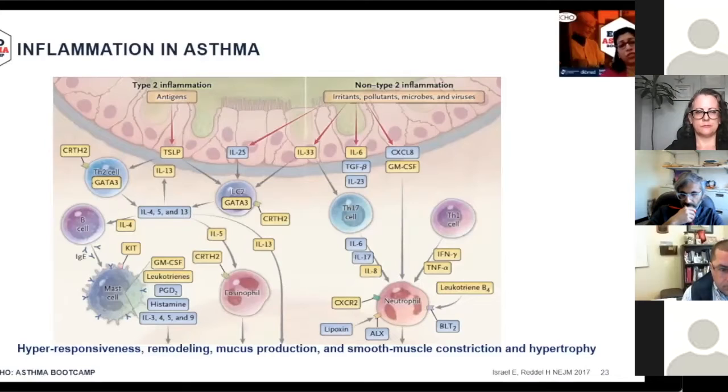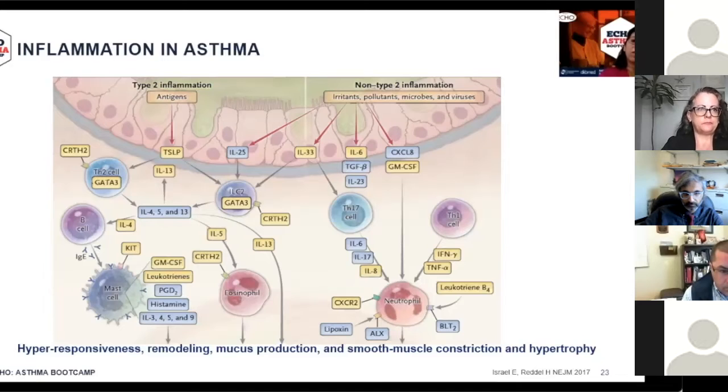The Th2 cell produces interleukins 4, 5, and 13. IL-4 triggers then the B cells to produce immunoglobulin E and ultimately triggers the mast cell for production of other substances downstream, such as histamine, leukotrienes, prostaglandins, and other interleukins. IL-5 is extremely important for eosinophil stimulation and sustenance.